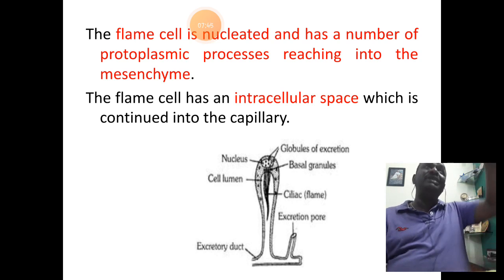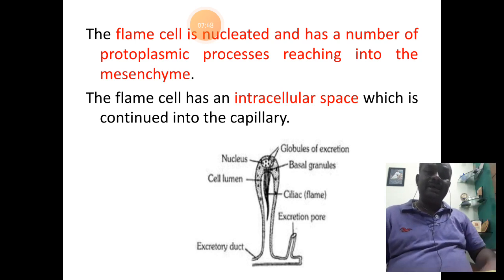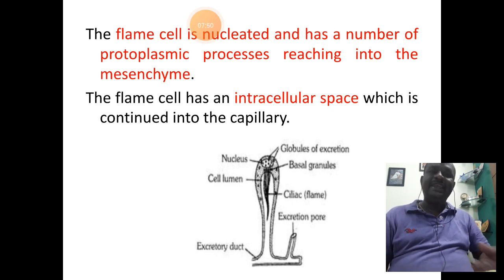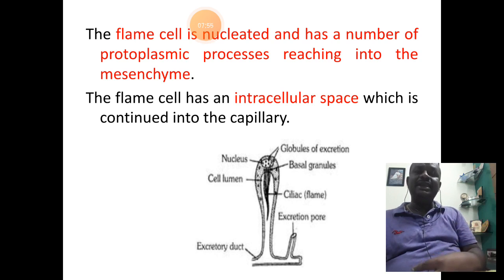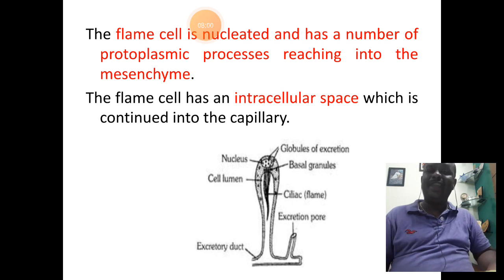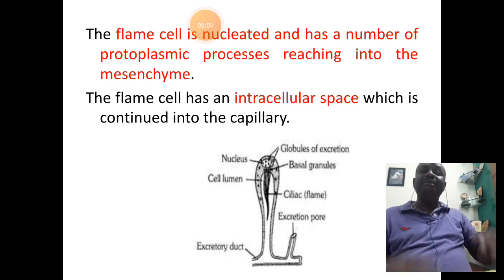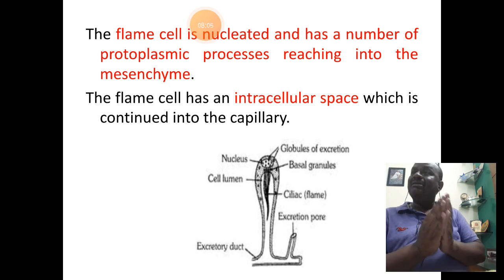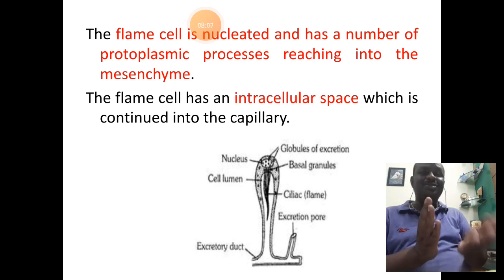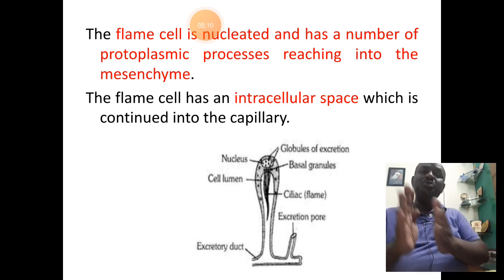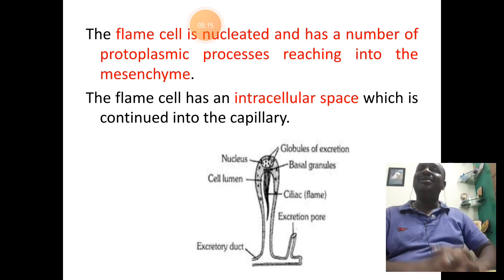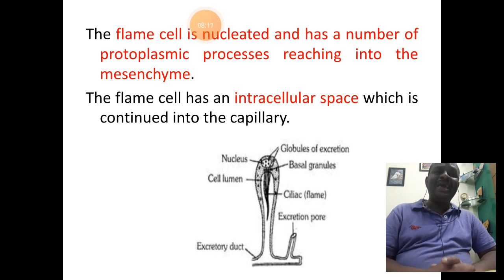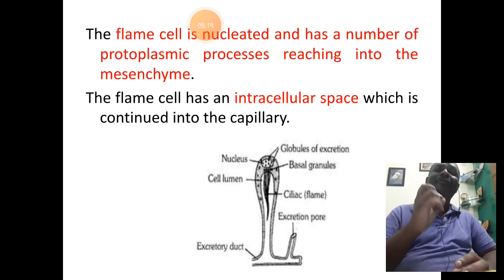That space is provided with a group of large flagella or cilia. So you find an elongated tuft of cilia within this cavity, the intracellular space of the flame cell. Remember students, this group of cilia or flagella start moving together, in a coincident manner, and this will look like the flickering of a flame.